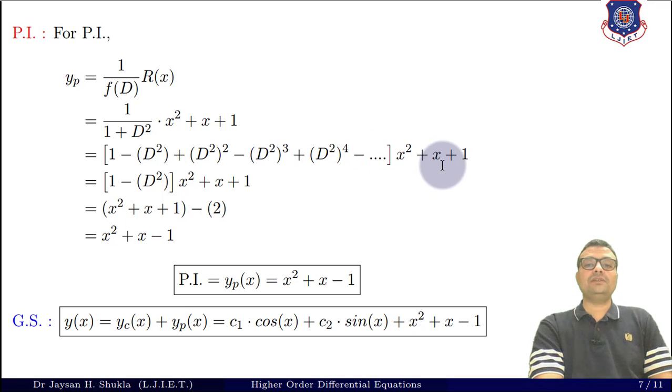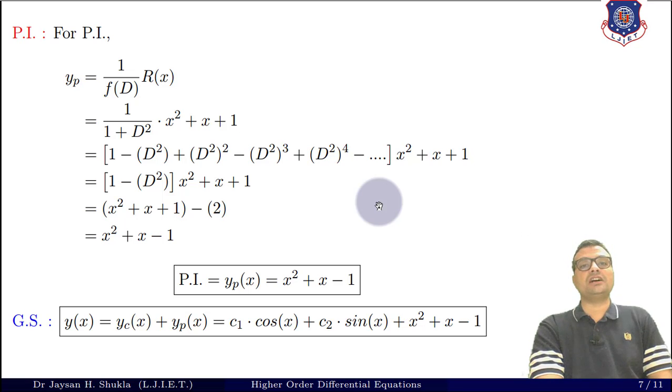If we have x square plus x plus 1, the highest order of this polynomial is 2. So if I take the fourth order derivative of this, then obviously it is going to be 0. This simply means that we need to consider values of D only up to power 2 or less than 2. So I will identify terms out of these infinitely many terms for which the power of D is 2 or less than 2.